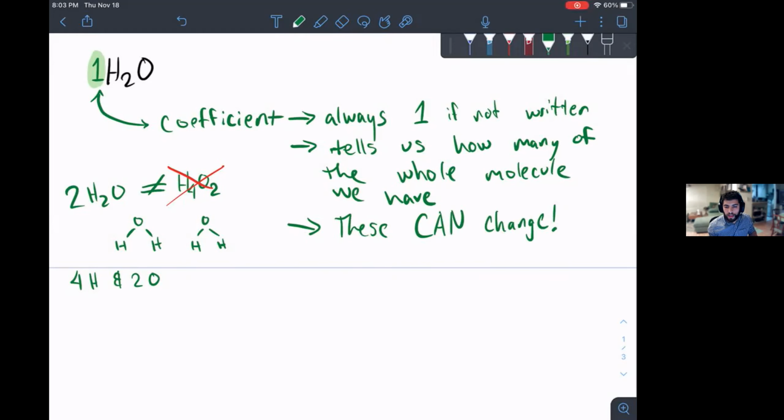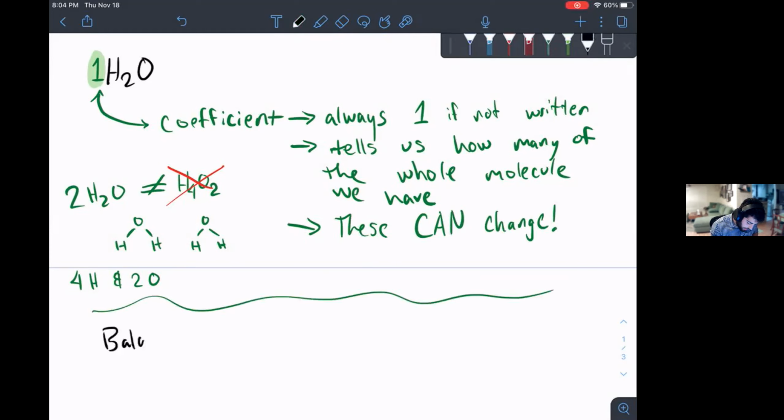We are not changing any compounds, we are just changing the amount. So when we try and make something fit conservation of mass, we call that balancing a chemical equation.